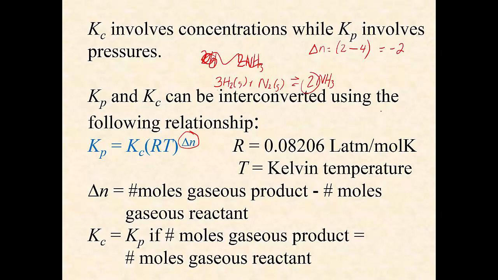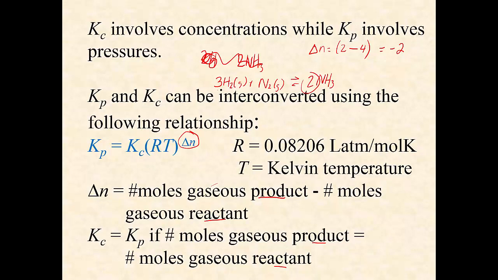So the positives and the negatives do matter, and that's why it's always products minus reactants, because you want to know how much the pressure is going to have an effect. Well, if you have something that produces the same moles of product and the same moles of reactant, that would give you a delta n of 0.